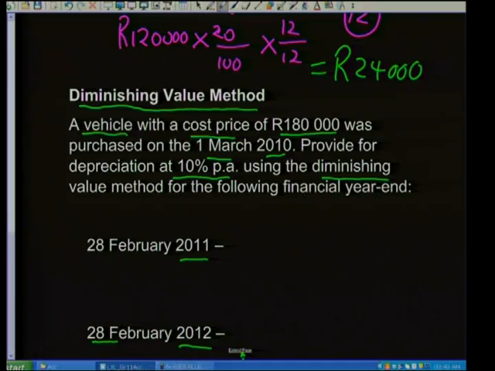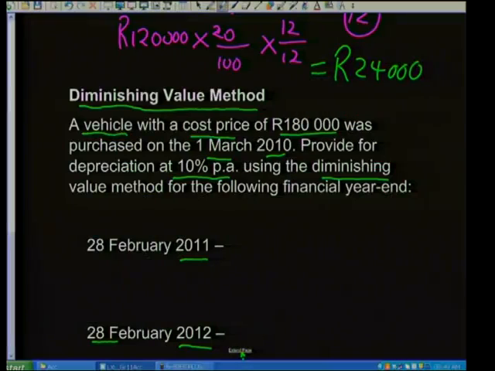So your depreciation calculation for this particular example is for 2 financial year ends. The first one, 2011, and thereafter 2012. Now let's start off with 2011. Remember, this is your first financial year end. So your depreciation calculation will be as follows.